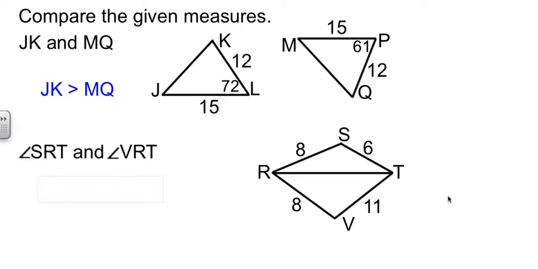The quicker among you will notice that 11 is greater than 6. Since 11 is greater than 6, that means this angle, angle TRV, or VTR, as I said it over there, is greater than angle SRT. Since they listed them in this order, I used the less than in that case. SRT is less than VRT. I could have said VRT is greater than SRT, and it's all good.